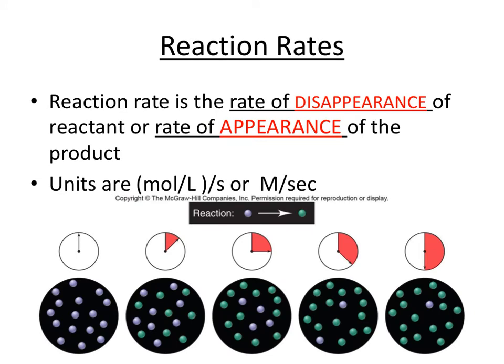So when we are watching reaction rates, or what we call kinetics, we can watch the rate of disappearance of the reactant or the rate of appearance of the product. In other words, what we're doing is watching the change in concentration.